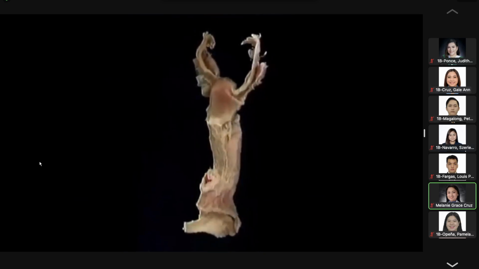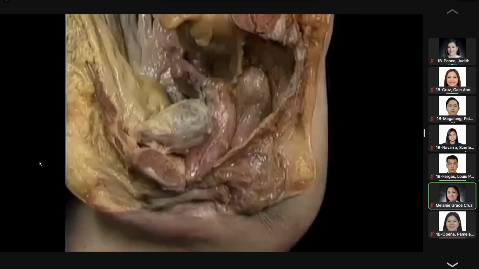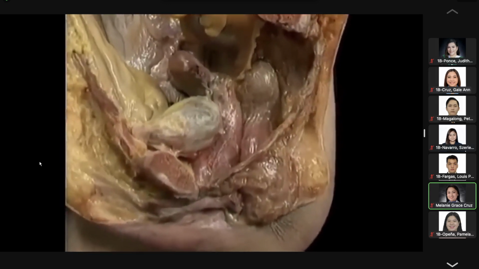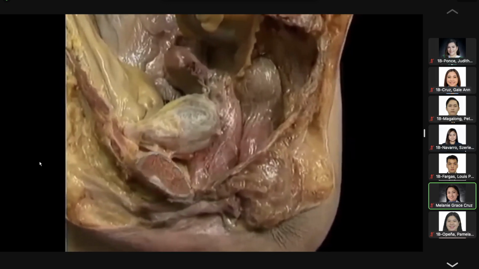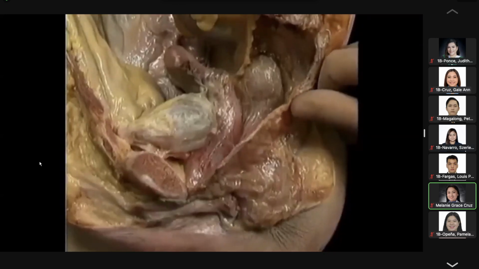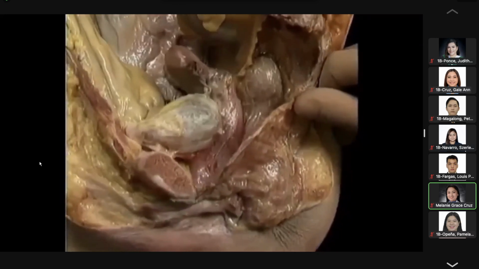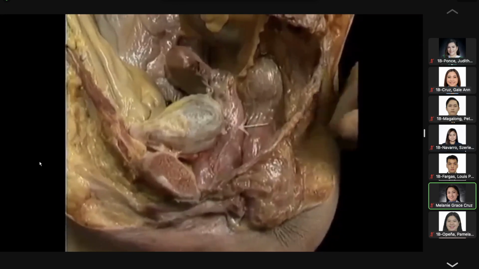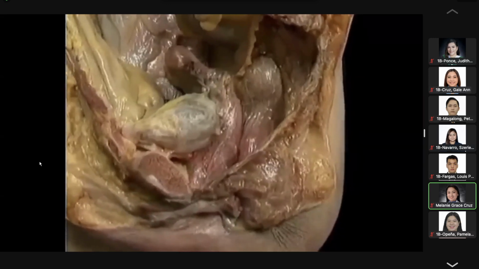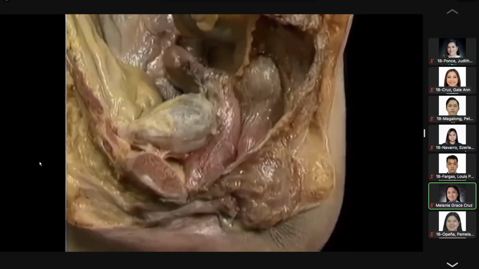To see a side view of these structures in their natural location, we'll go to a dissection in which the left half of the pelvis has been removed. Here's the pubic symphysis, here's the coccyx, here's the pelvic diaphragm, held in position by a wire frame. Here's the vagina, here's the uterus. The broad ligament was here.